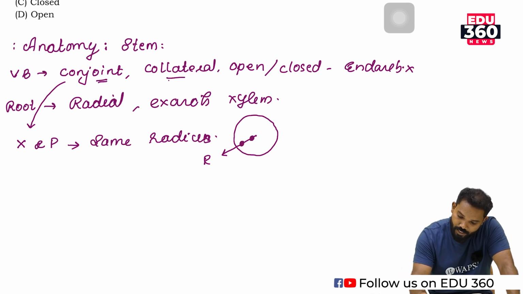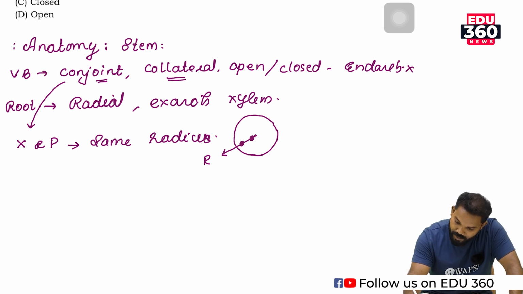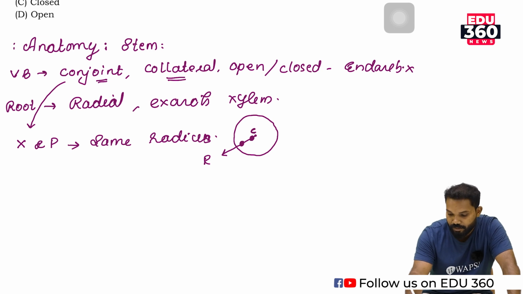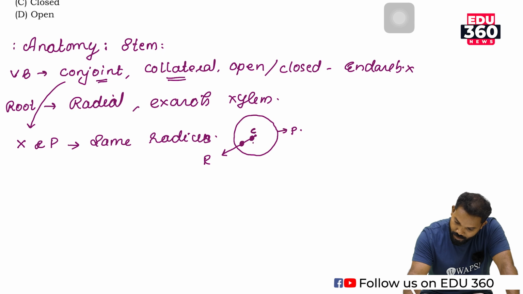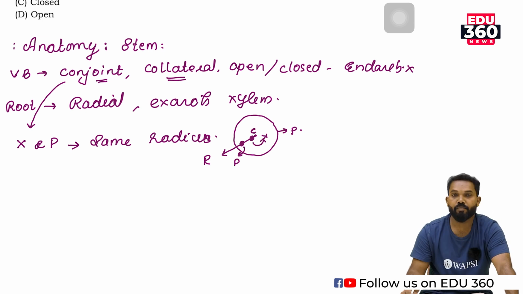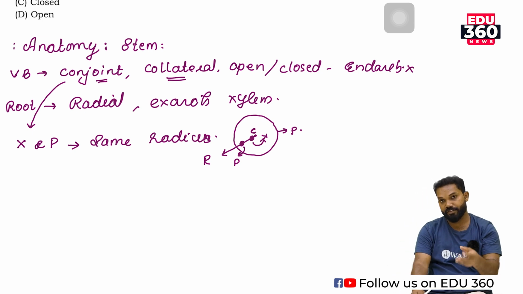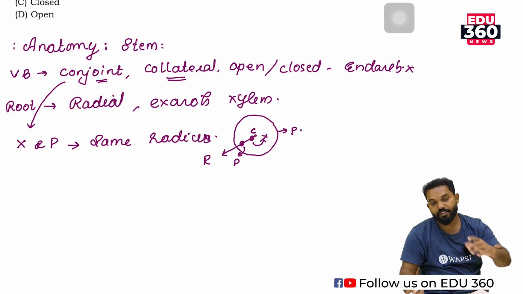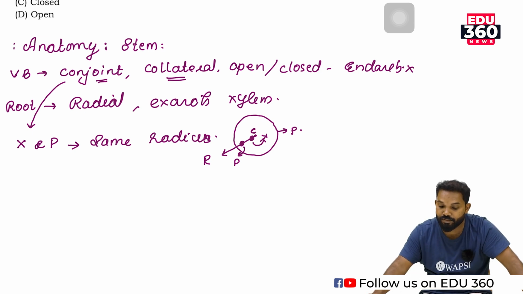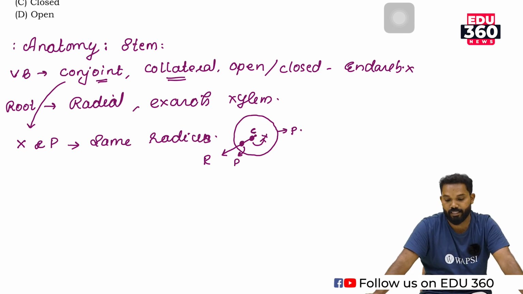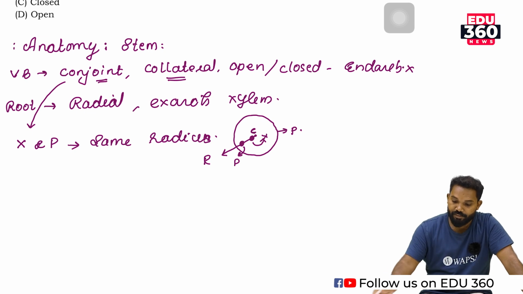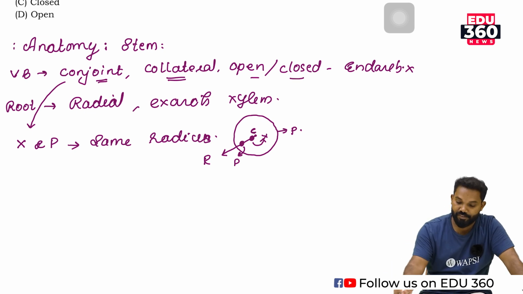Then what is collateral? In the collateral vascular bundle, xylem is towards the center and phloem towards the periphery. The next one is open and closed.